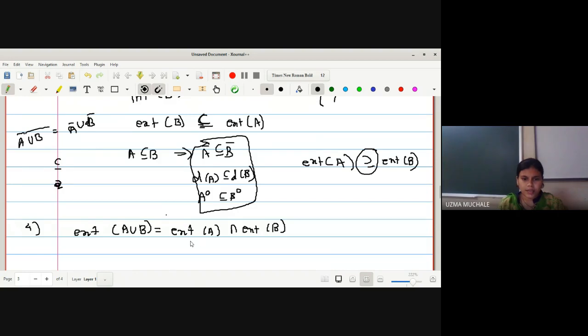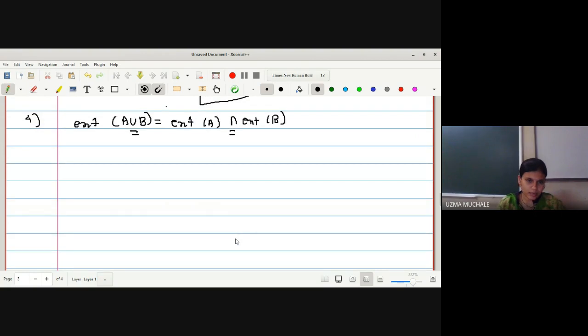But here, what is the change? This union has converted to intersection. Now we have to prove this property. How to prove this property? We have to start with exterior of A union B, and prove it is equal to this one. So it is interior of A union B, its complement, correct?